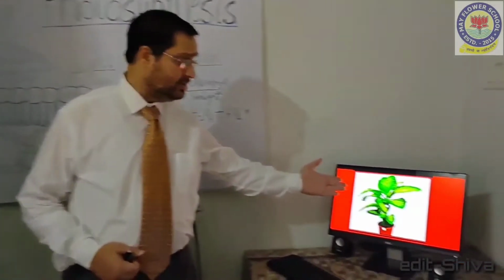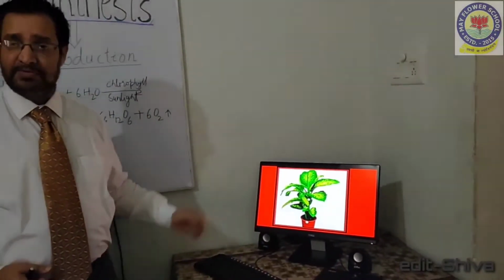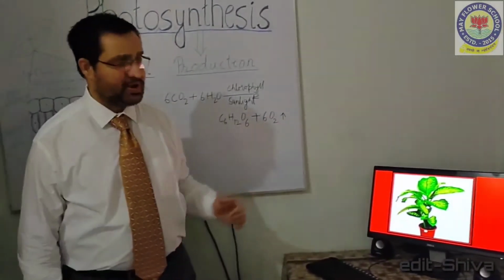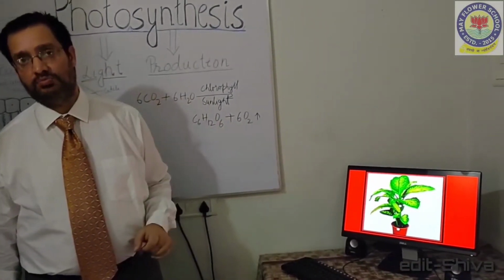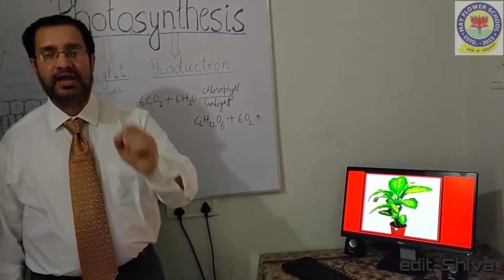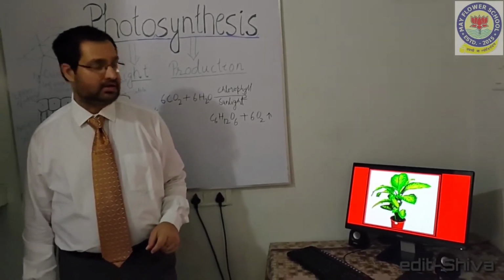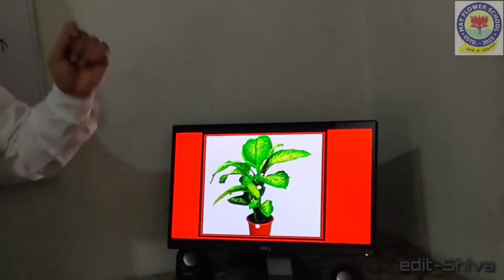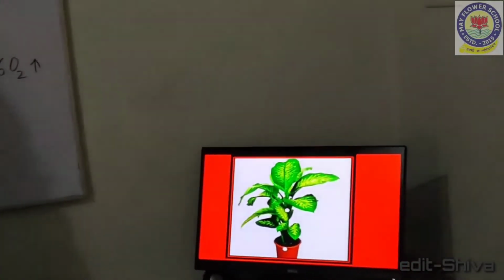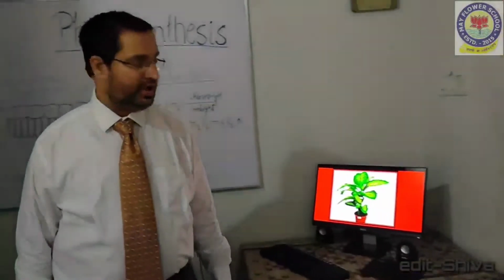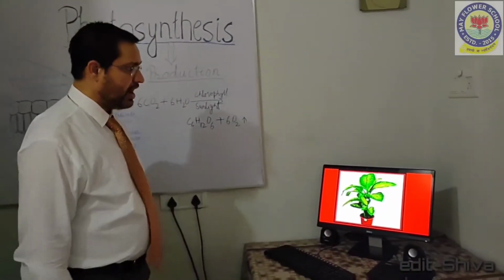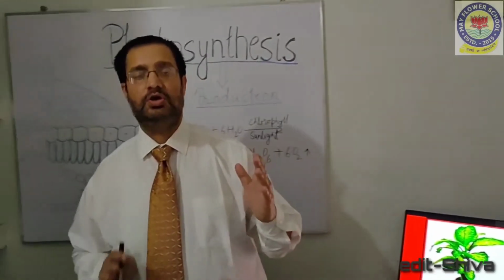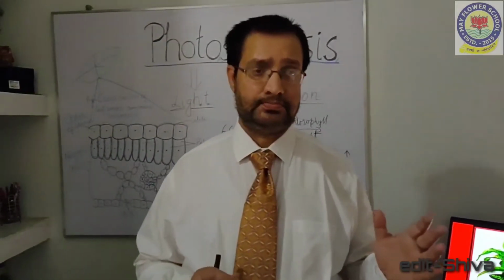So we will take a potted plant having variegated leaves. We put this potted plant in a dark room for 3 days so that starch present in the leaves gets used up completely. After that, we put this potted plant under sunlight for 6 to 7 hours.